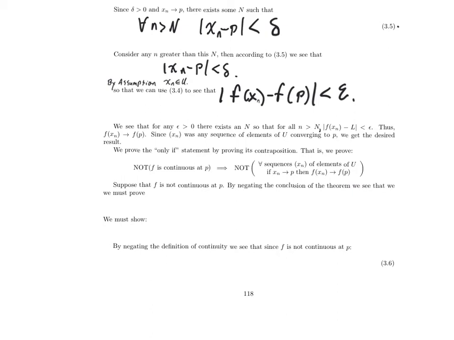So let's figure out what we actually need to prove. By negation, I'll suppose that f is not continuous at p. I need to prove that not this happens. So let's see. The negation of a universal is an existential.